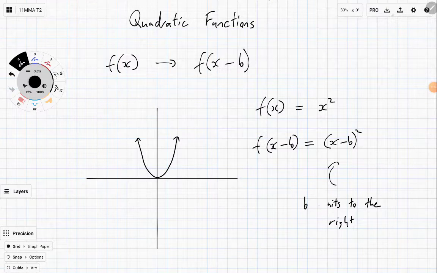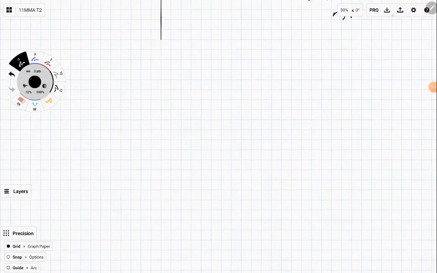Meaning, if it's minus 6, that's 6 units to the right, but if it's plus 3, that's 3 units to the left. So just be mindful that it's always reversed of what you might think. When you subtract, it's moving to the right, and when you add, it's moving us to the left.